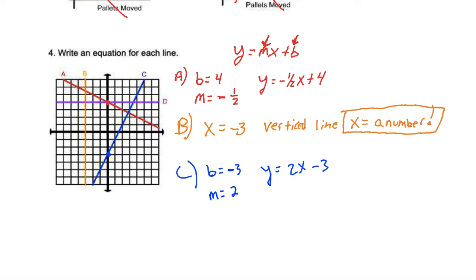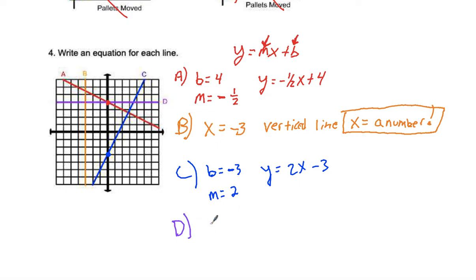Alrighty, and then finally, line D. D is a horizontal line, and if a vertical line is x equals a number, then a horizontal line is y equals a number. Oops, I should put D equals. I guess I don't have to cross that out.